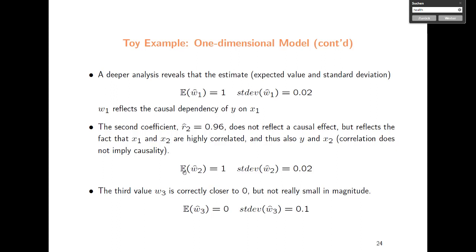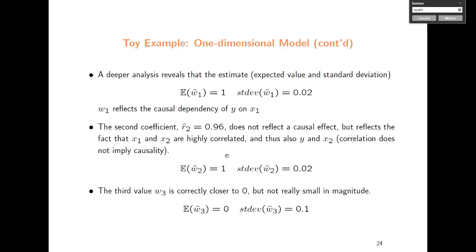The second one in the expectation is also 1 and has the same standard deviation. And yes, this of course is okay if you just say I want to predict y based on x2. Maybe I don't have access to x1. So as a prediction, this is absolutely okay. But of course, it doesn't reflect the true causal dependency.